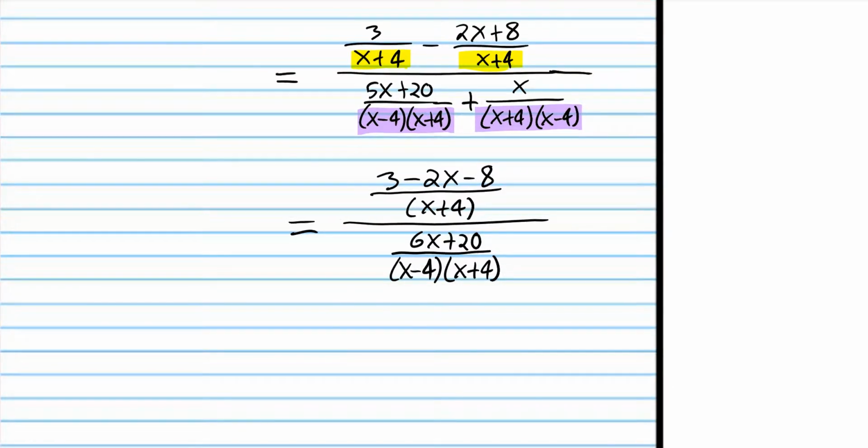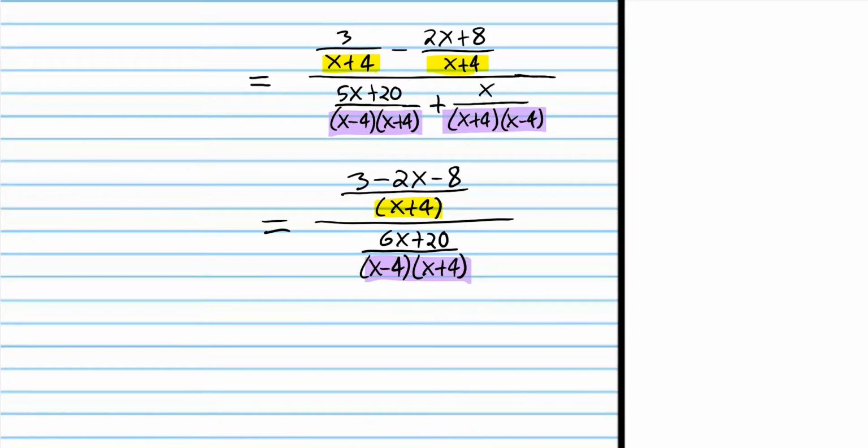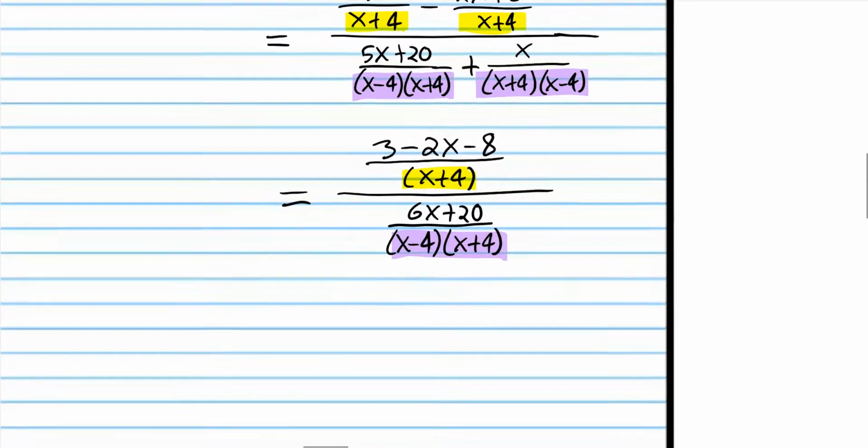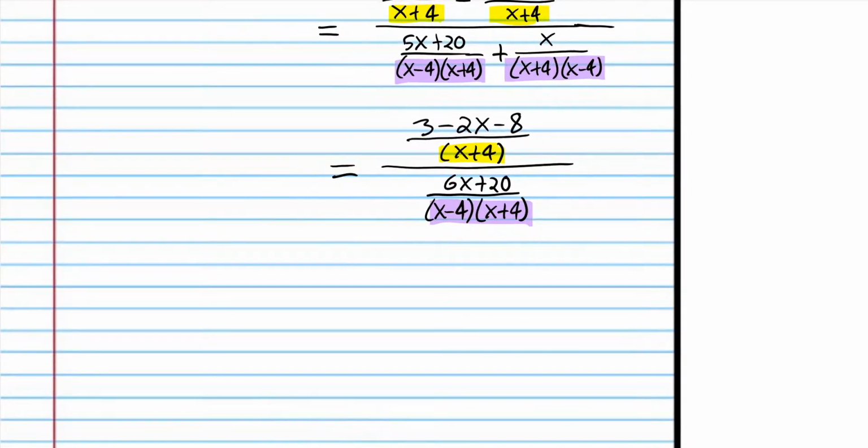I don't know if it would be helpful to keep these highlights. It's not really necessary to do that, but okay, so now we're going to simplify. So we have negative 2x minus 5, and again we don't need the parentheses.